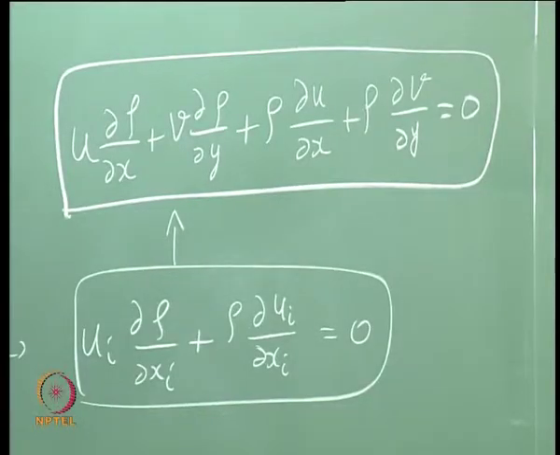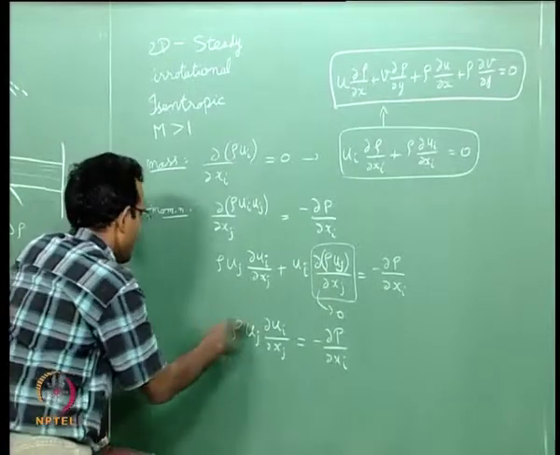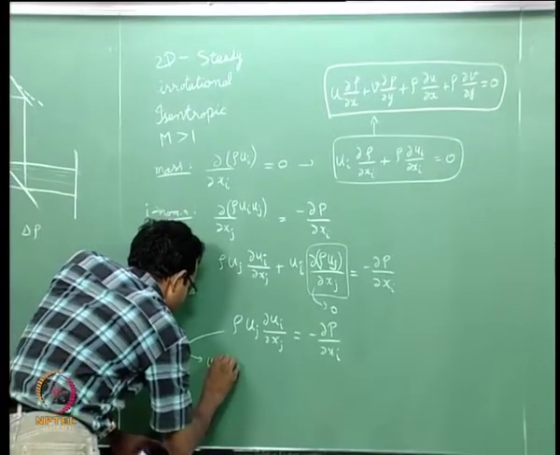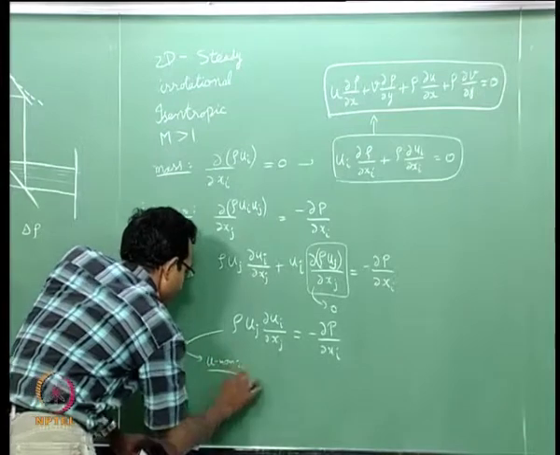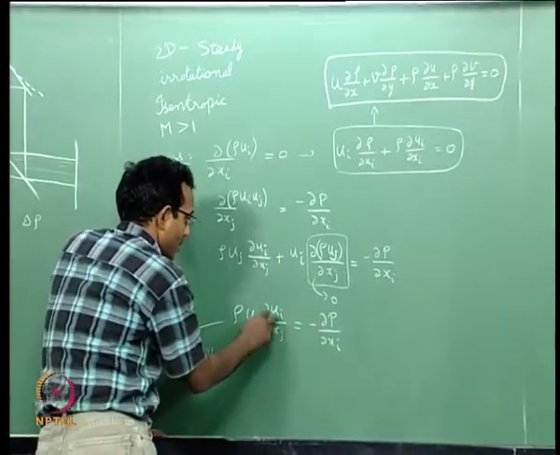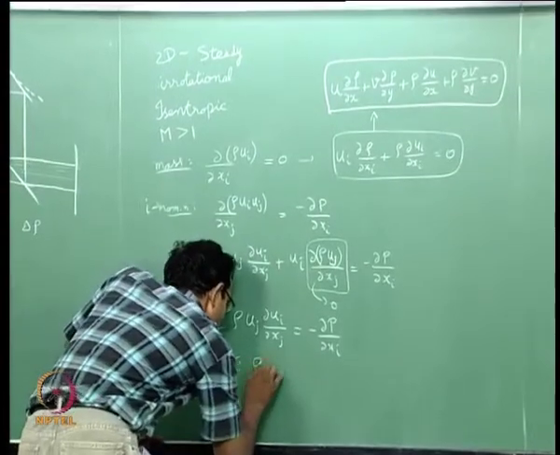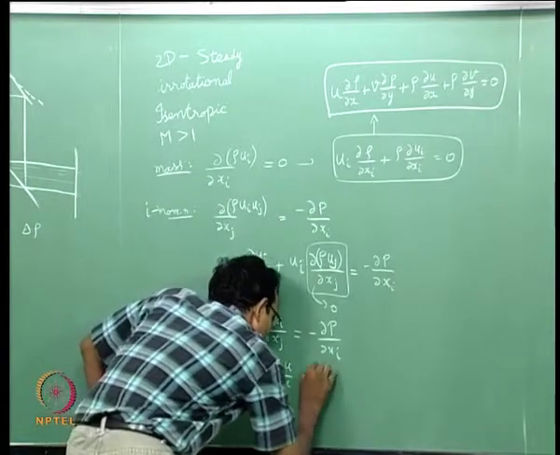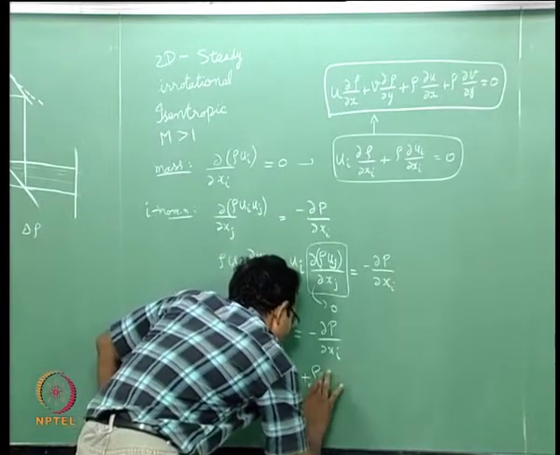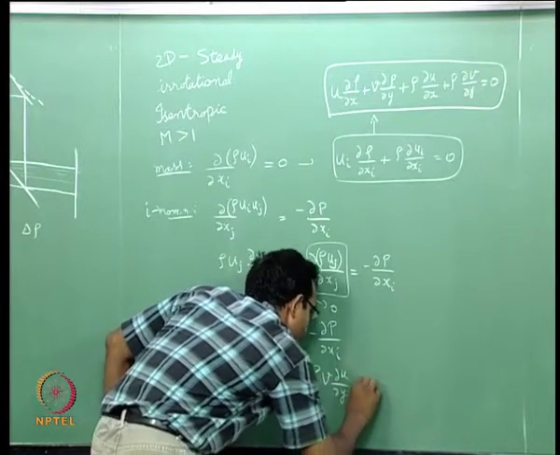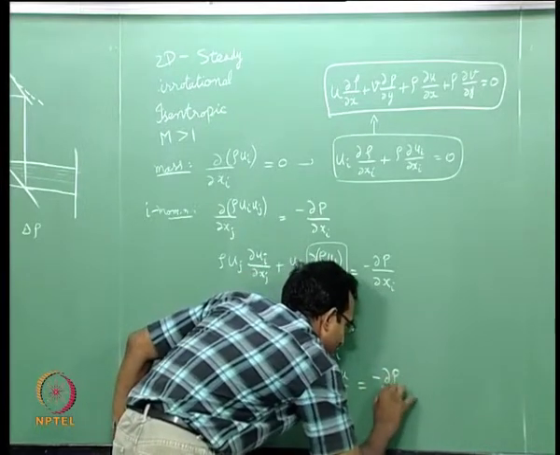Now, similarly, I can write the momentum equation, but of course, here I will get two equations. It is the i momentum equation, so I will get two equations. The u momentum equation will be rho u ∂/∂x of u plus rho v ∂/∂y of u equal to minus ∂p/∂x.